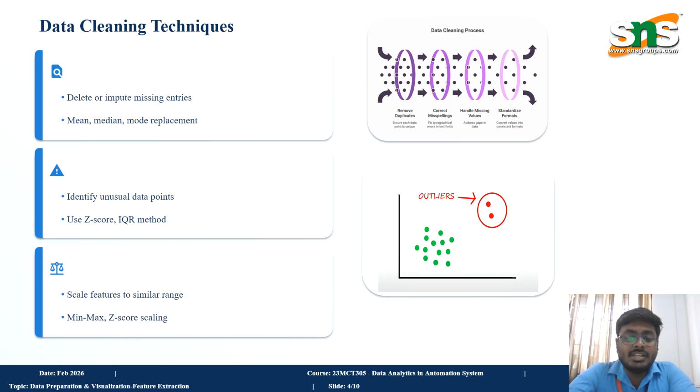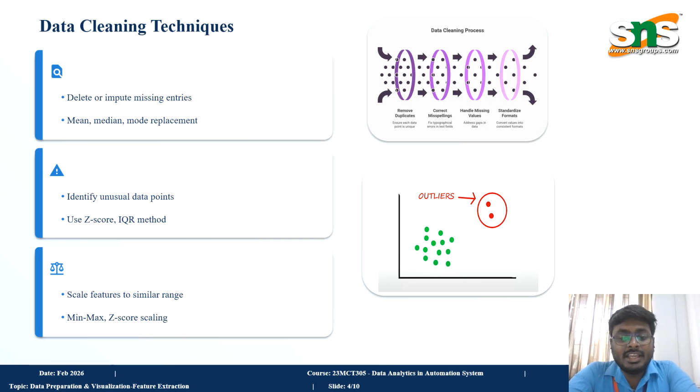Then, identifying unusual data points or outliers using methods like z-score, which measures how far a point is from the mean in standard deviations, or the IQR method, which looks at the interquartile range to flag extremes. Here's a diagram showing the outliers in a scatter plot. See the red dot. It could be an error or something insightful, like a machine fault in an automation system.